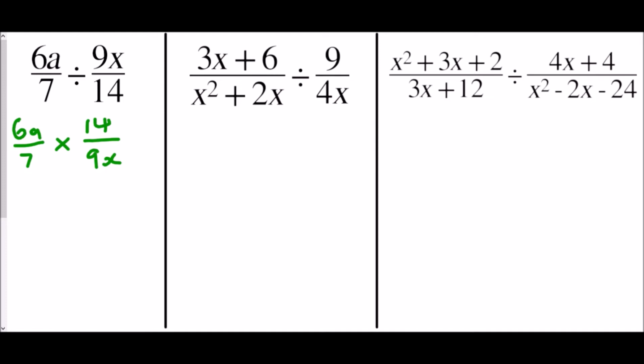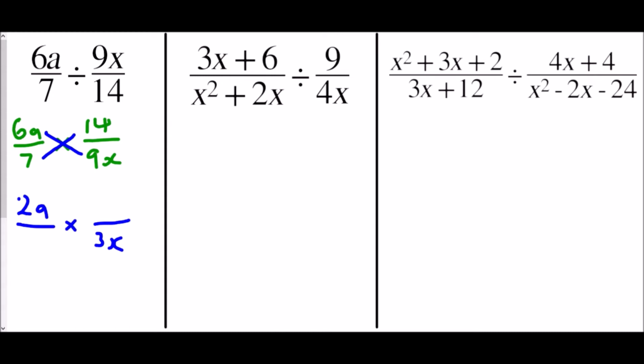Now we just need to go through the same method as we've just done for the multiplying. We need to find our common factors in the diagonals. So the common factor between 6a and 9x, well, that would be a common factor of 3. So I can divide both of those by 3. So it's 2a and it's 3x.